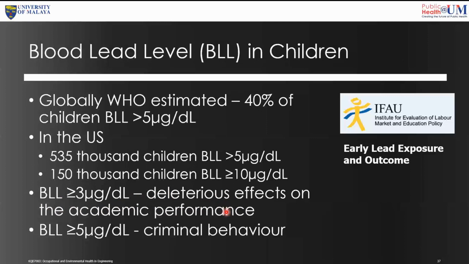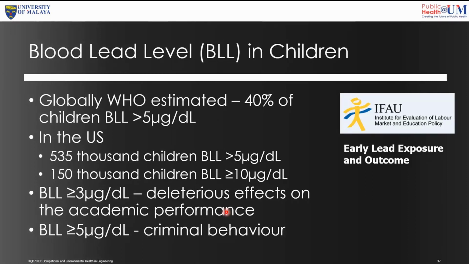So what is the safe blood lead level in children globally? It is basically less than 5 microgram per deciliter. Globally, WHO estimated that 40% of children have a blood lead level of more than 5 microgram per deciliter.